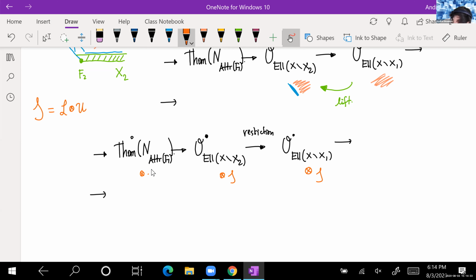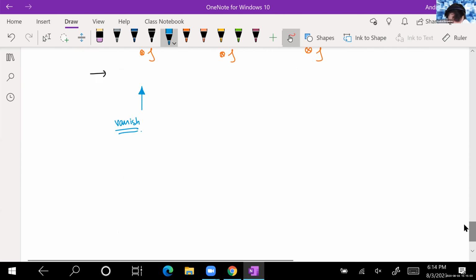The lifting of a section, or interpolation, is controlled by the vanishing of cohomology of this shape. And that can be proven and can be seen. Sorry, this may be a little too abstract, but let's do an example.